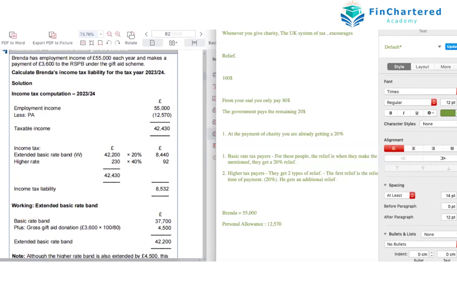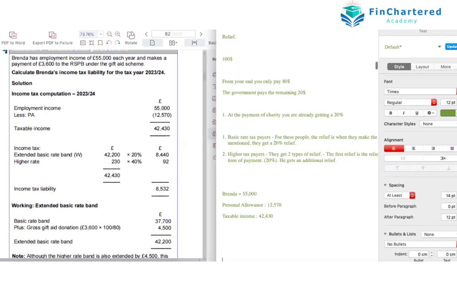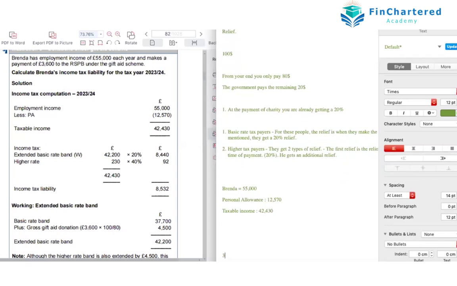No need to make any adjustment to the personal allowance. Is your doubt answered now? Now her taxable income becomes obviously 55,000 minus 12,570, which is 42,430.